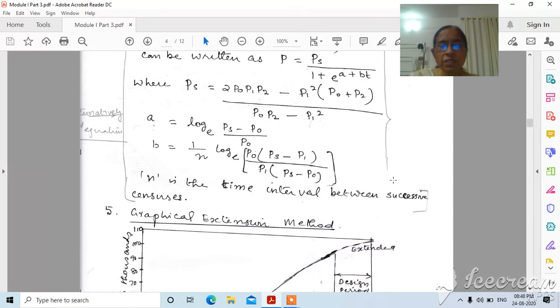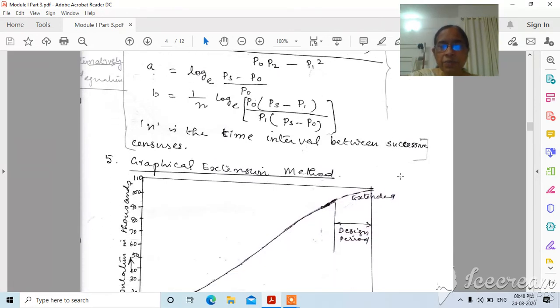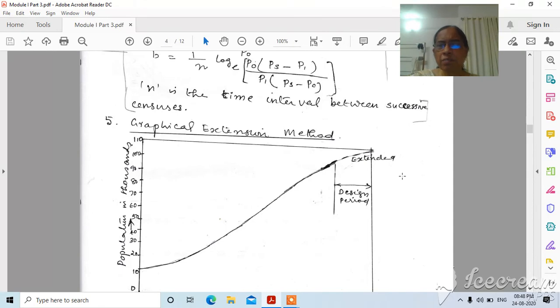And then the next one is the graphical extension method. Graphical extension method is a simple one, it is a crude one, it is an approximate method only, that is from the known values of the decadal population you are plotting a curve.